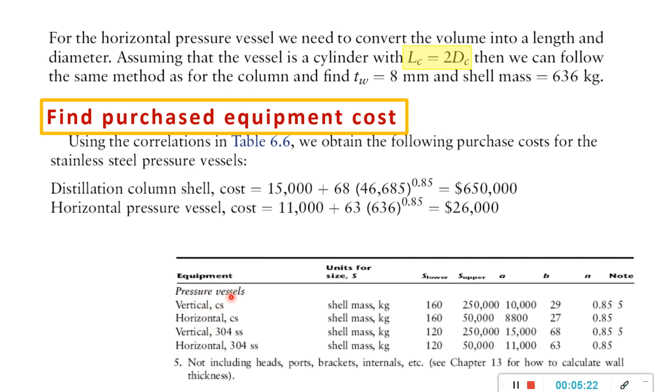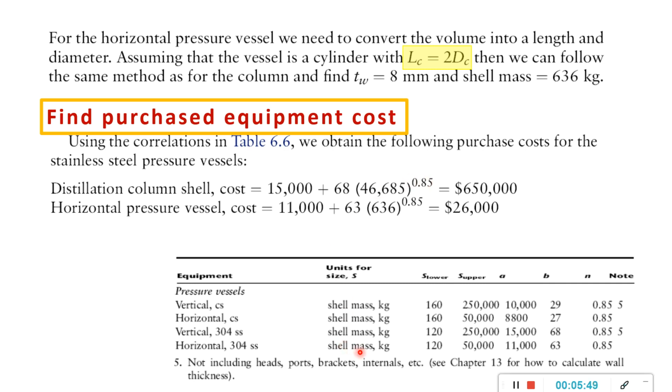What is related to the distillation column is that we need a column made from vessels, and it's supposed to be vertical, right? Vertical, and in this case we consider vertical 304 stainless steel, because it must be made from stainless steel.